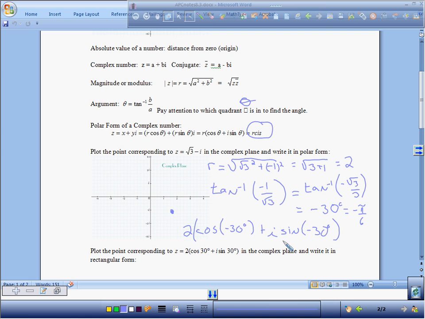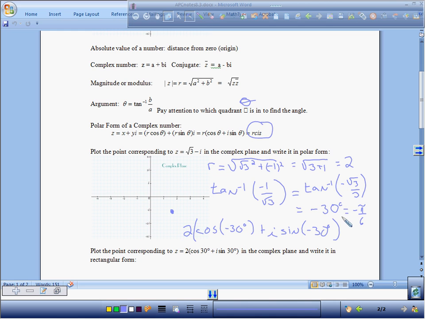Nathaniel? Is r cis like r bro? I get it. Yeah, that came out wrong. What did you do in the last session? Like 2 cosine negative 30?